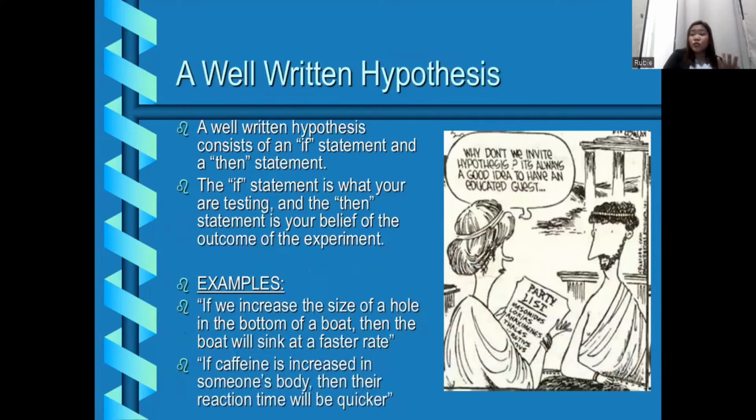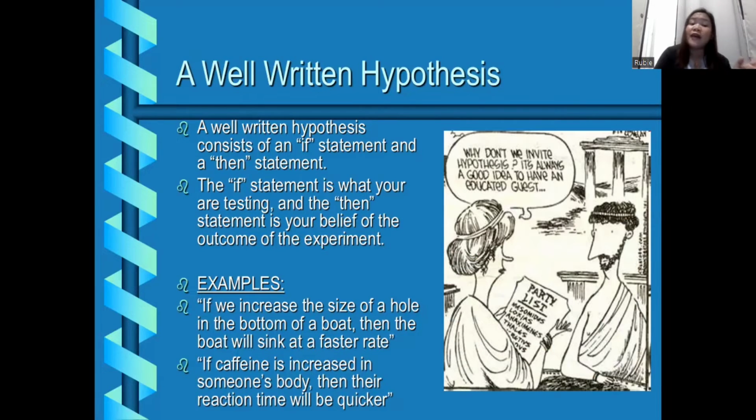How are we going to write a well-written hypothesis? A well-written hypothesis consists of an if statement and a then statement. The if statement is what you are testing, and the then statement is your belief of the outcome of the experiment.